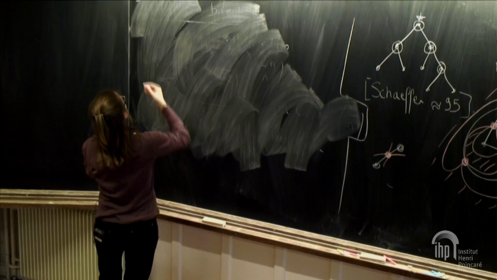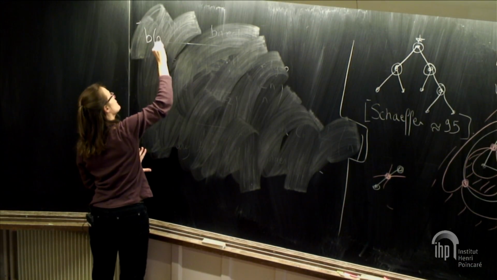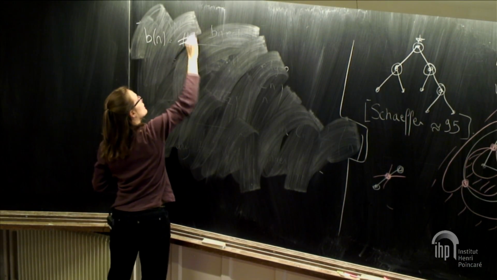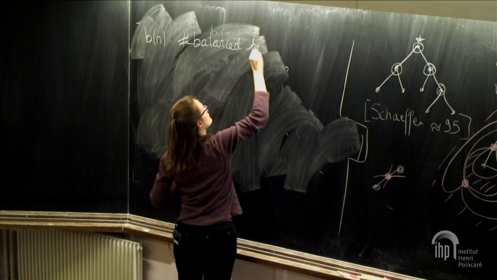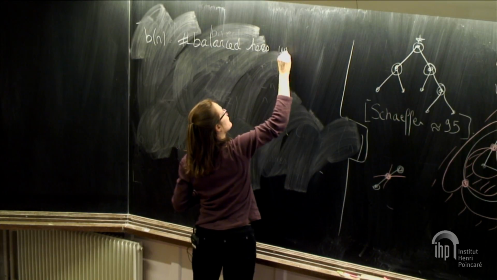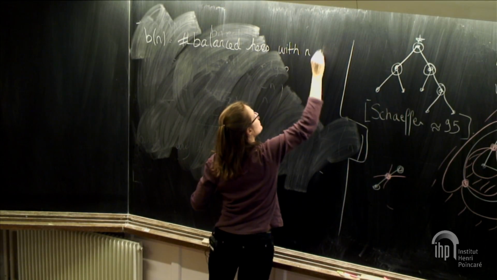Okay, so let me call B of n the number of those balanced trees with n nodes.